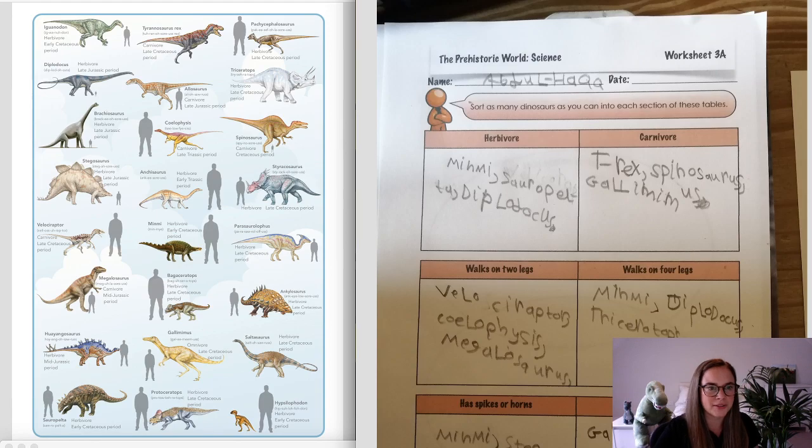So Abdul, well done. So Abdul's also put that Minmi dinosaur in there. That wasn't on our first one that we were trying to pronounce. Well done. So we've got herbivores there and carnivores. We definitely know that T-Rex, they eat meat, don't they? They're always the baddies in the films. Brilliant. Lots of fantastic grouping there. Some fantastic scientists here in this group.